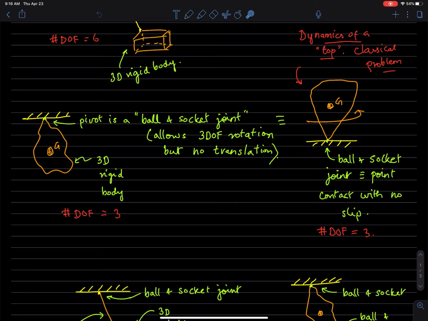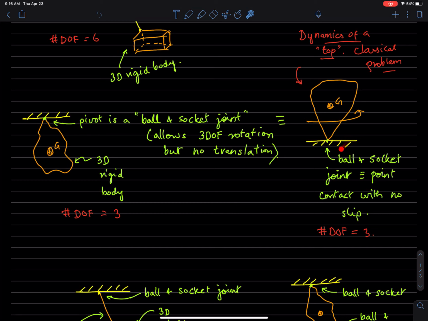So you can imagine the inverted version of that, where you have a point that is fixed and you have this rigid body contacting that point with no slip. There is no slip or movement of this point, let's say. And this rigid body could be spinning or have some angular velocity.